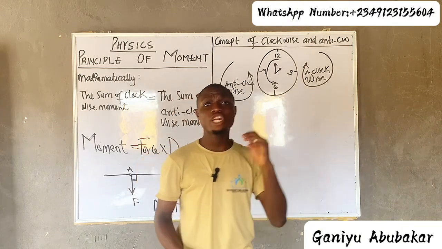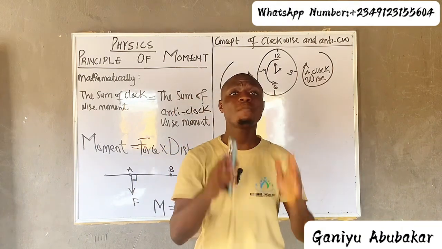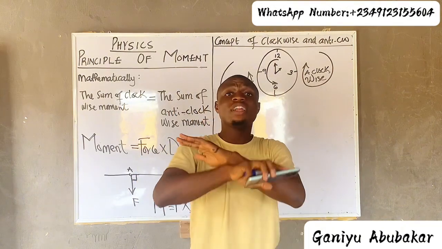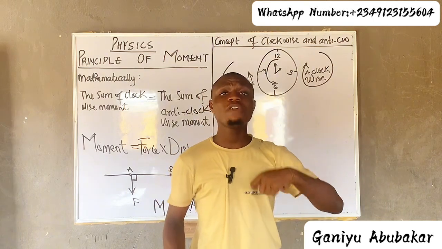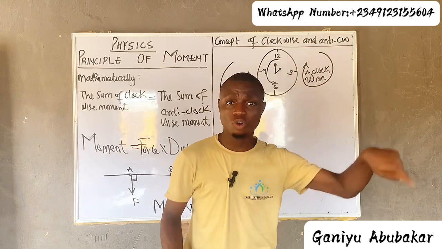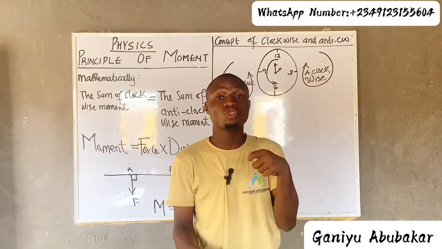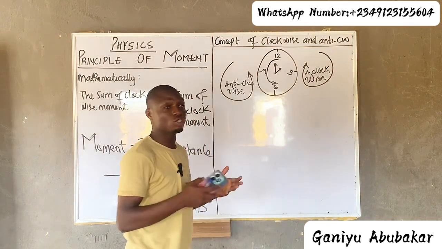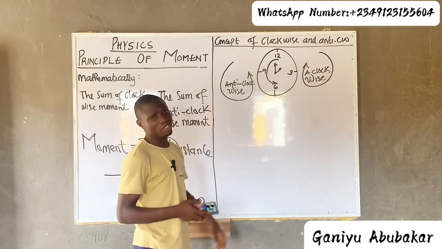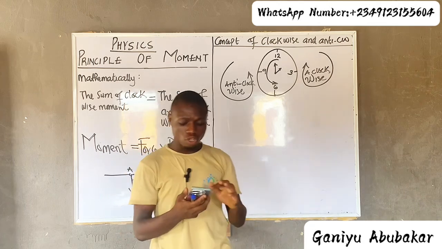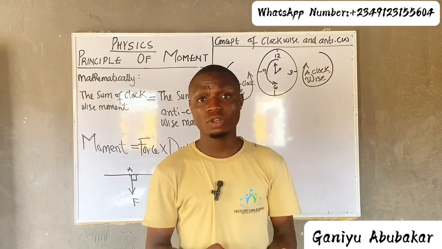Note that when a clock is moving in a normal real life sense, it is called clockwise. While if it's moving in an opposite direction, a way you will be suspicious about, it's said to be an anti-clockwise direction. So that's the concept behind clockwise and anti-clockwise.